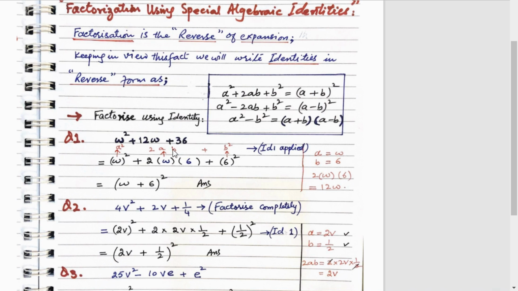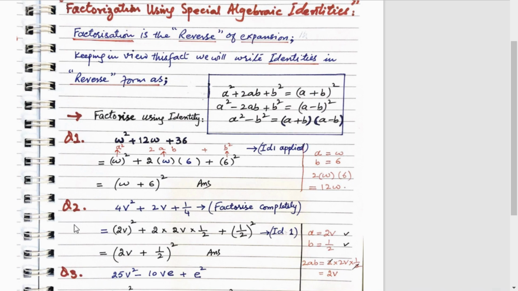If you want to recheck it, you can write down this term W plus 6 in rough work and multiply W plus 6 with W plus 6, and if you get back W square plus 12W plus 36, so on the spot you can check your question in the exams, right? Whether my question is right or wrong, you can check your question during the exam.